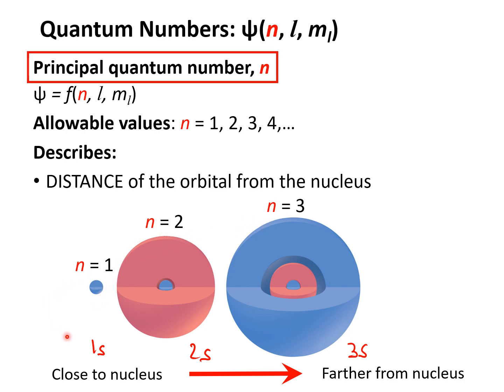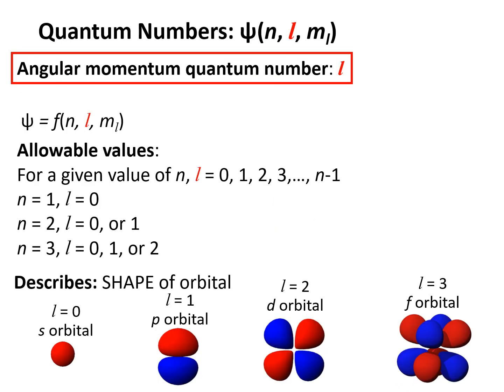These correspond to the 1s, 2s, and 3s atomic orbitals. As you can see, as n, the principal quantum number, increases, the orbitals get larger, and therefore the electrons become farther from the nucleus.